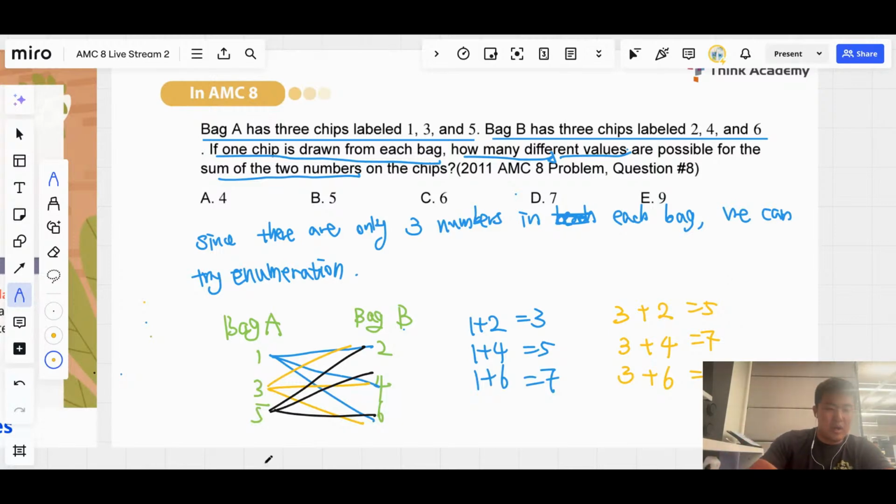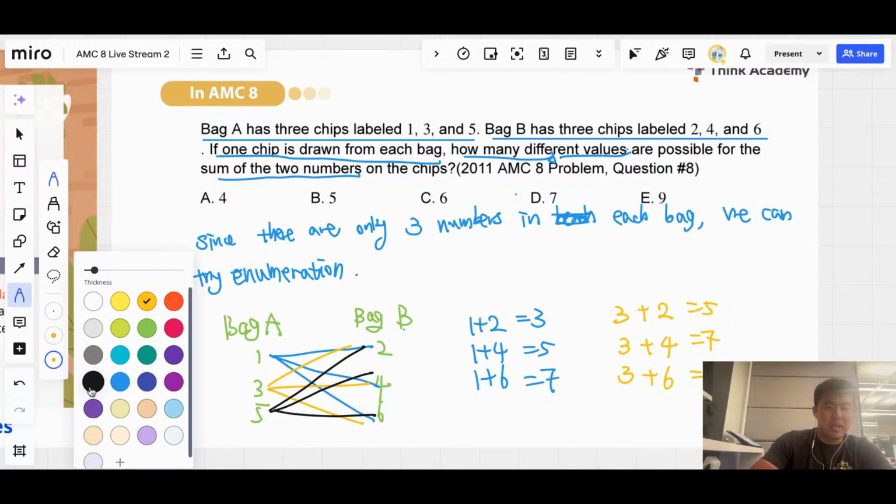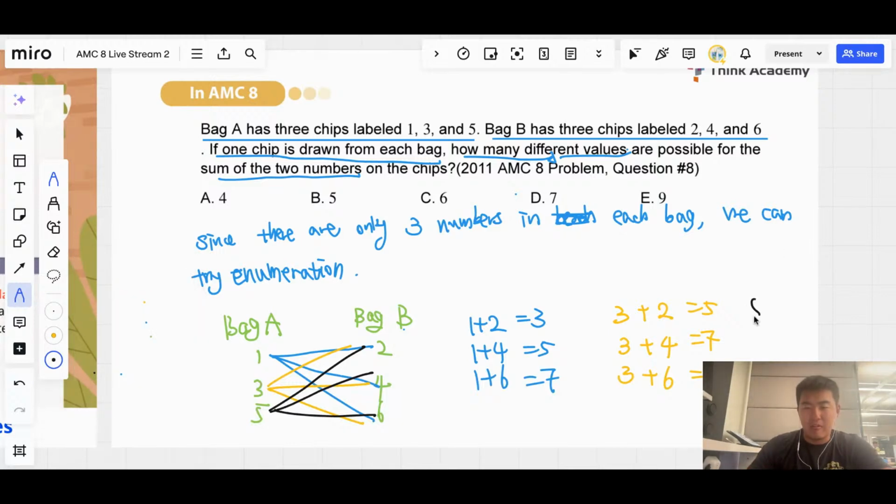Good. So how about the last possibility? For bag A, we get a 5. For bag B, we get a 2, a 4, or a 6. So that will be 7, 9, and 11. Again, 7 and 9 appear more than one time, so we just count them once.